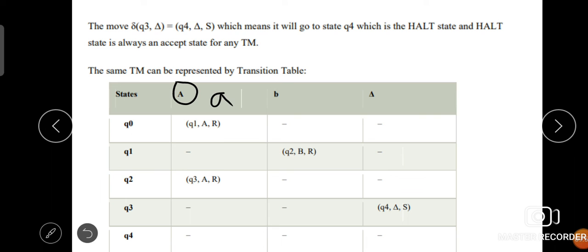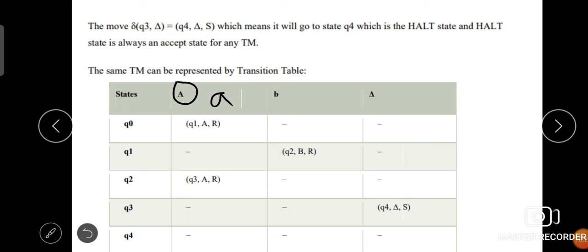So in this table, we have to understand that when we apply a small letter a to Q0, the state transition is (Q1, A, R). That is, when we apply a to Q0, the new state will be Q1, the replaced symbol will be capital letter A, and the head pointer movement is to the right.